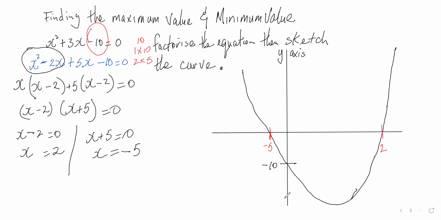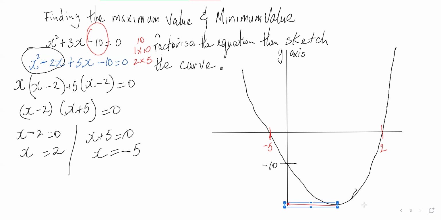The minimum value is a y value. So let me show you this. The minimum value is a y value. So here it is here. Just going to show you that it corresponds. So this is the y value here.